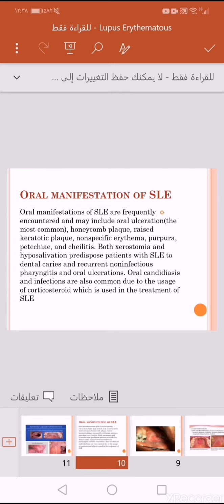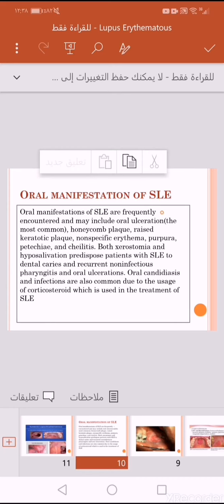Recurrent non-infectious pharyngitis and oral ulcerations also occur. Oral candidiasis and infections are also common due to the usage of corticosteroids. As we know, corticosteroid is the type of medication used for this type of autoimmune disease, so corticosteroid can affect the immunity of the body.